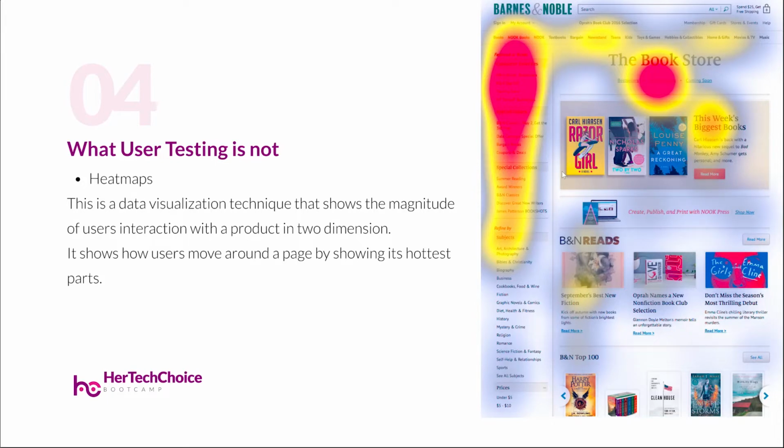The hottest parts are in red, and those parts without red or yellow were not accessed by the user.